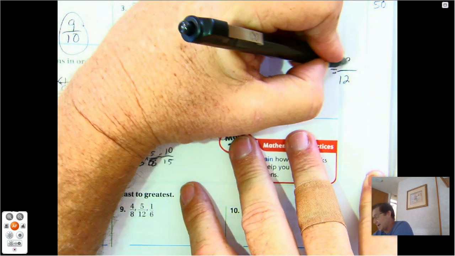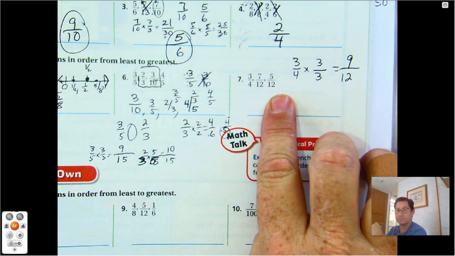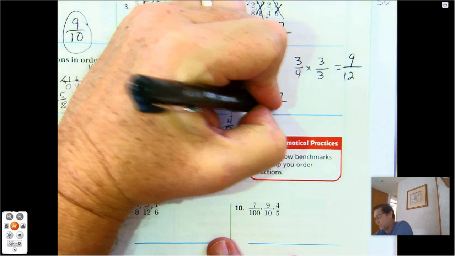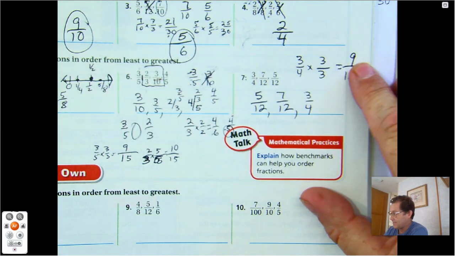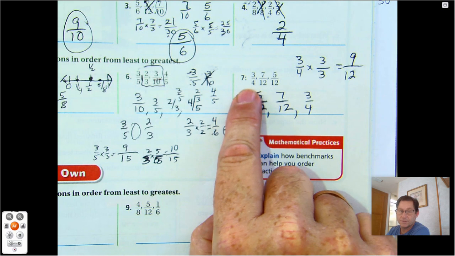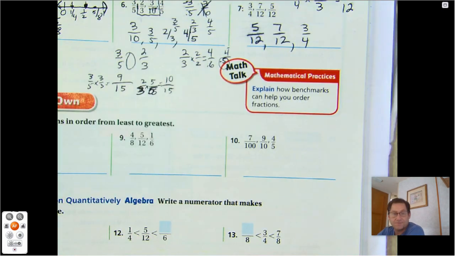So 9/12, 7/12, 5/12. So the smallest is 5/12, then 7/12, and then 3/4. I don't write 9/12 because that wasn't the fraction that was listed here. 9/12 equals 3/4.